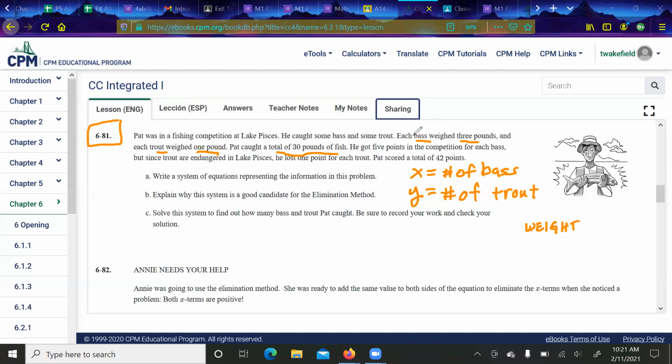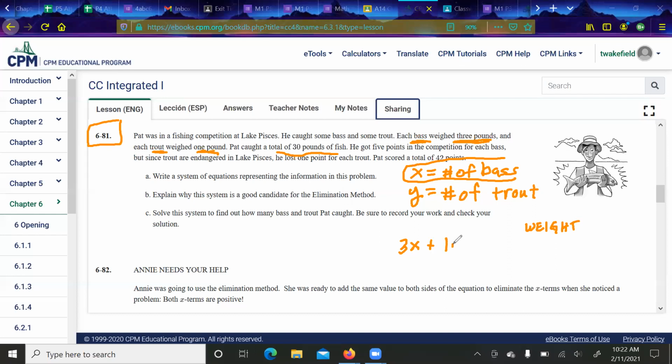Okay, so how much did the bass weigh? 3 pounds. Okay, so since they weighed 3 pounds, we're going to put 3x because X is our bass, right? And how much did the trout weigh? 1 pound. Good, 1 pound.